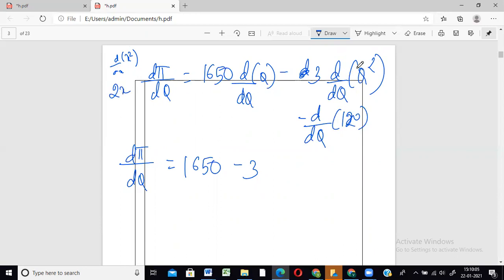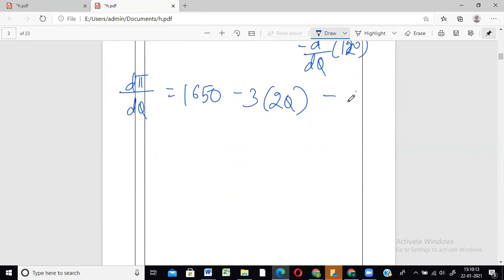So likewise, when you're derivating q square, you get 2q. Minus the derivative of the constant, which will be 0 only. So we have d pi by dq equal to 1650 minus 3 twos are 6, 6q. Okay, so this is the major equation that we have.